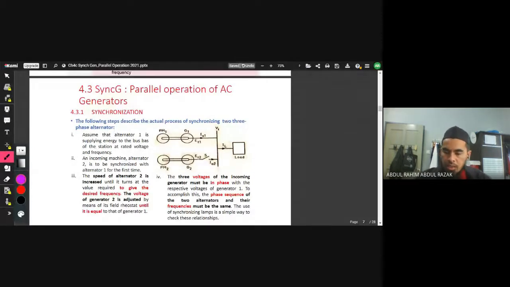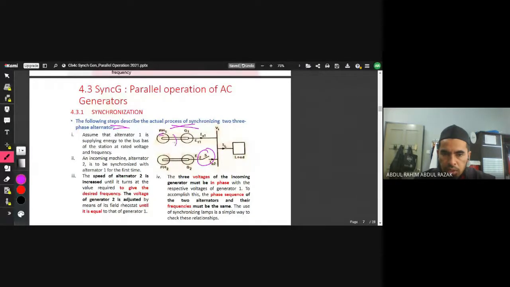Okay, the list here summarizes the steps to be taken during the process of synchronization. Before you synchronize, so this is a process. We have G1 in action, G2 to come in. And this is our prime mover, PM is prime mover.